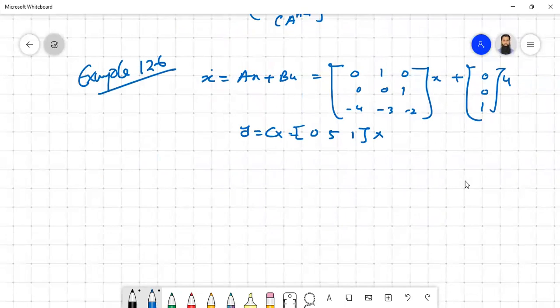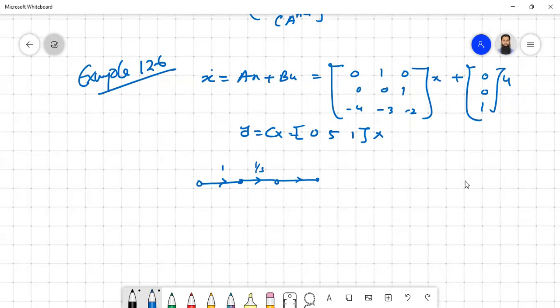If you draw it, what you're going to see is that your output is 1 by S, 3 consecutive integrators.